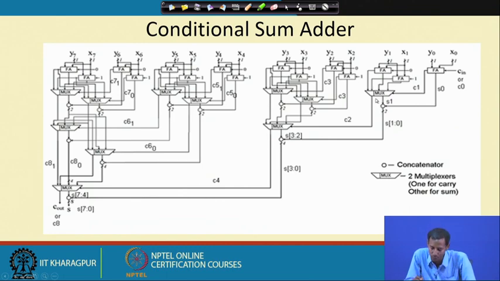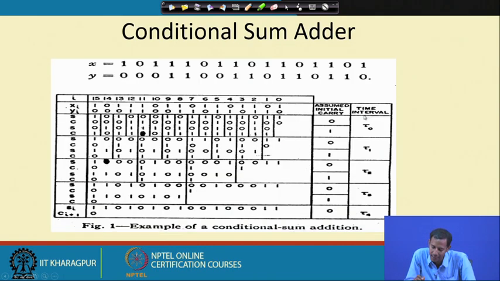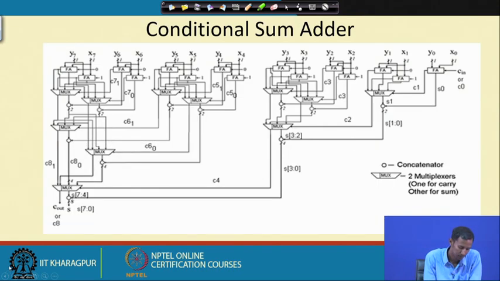In the next step, I will get the carry from this particular block too. In the second case I have to consider y2 and x2.